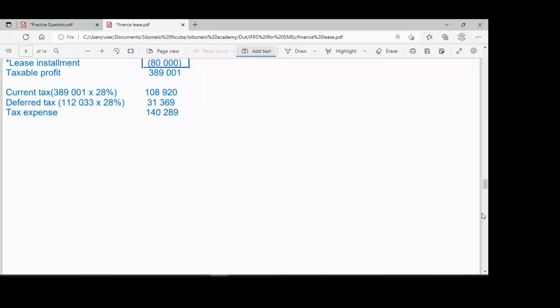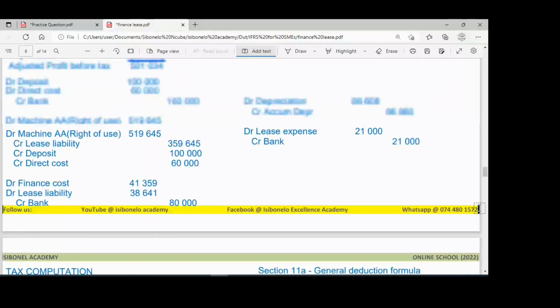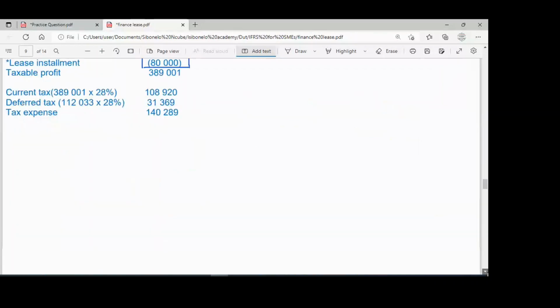Then we were asked to calculate the deferred tax balance. We already have the deferred tax, but the way we calculate it: here is our deferred tax of 31,369. But the method we use is called the statement of financial position method. So the deferred tax balance for 2021. We use the statement of financial position method.